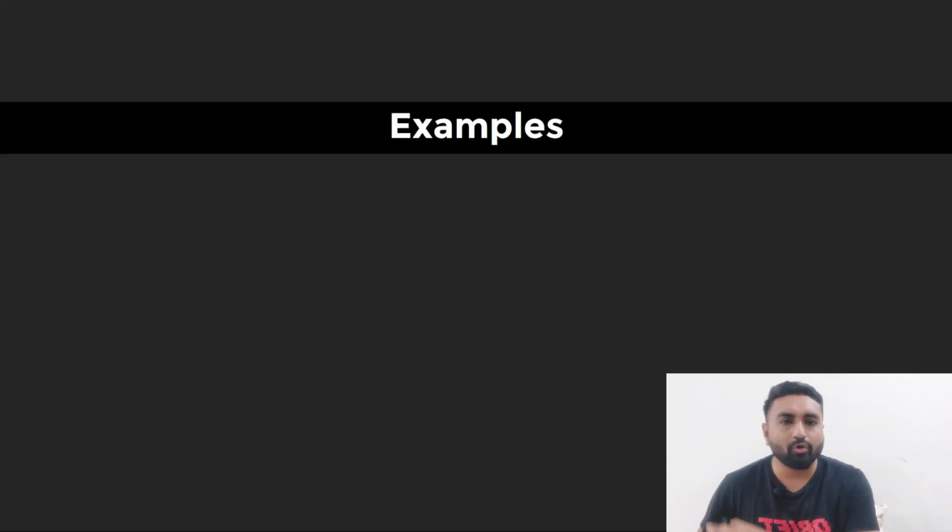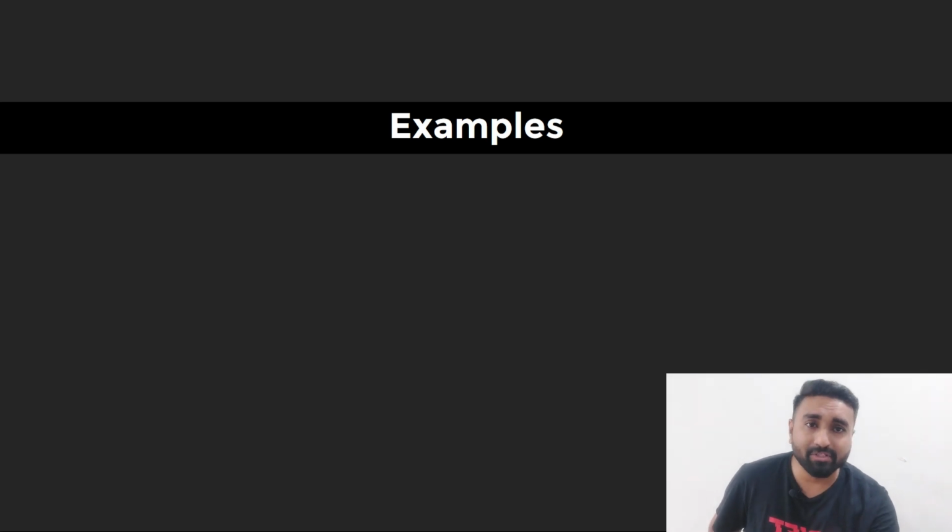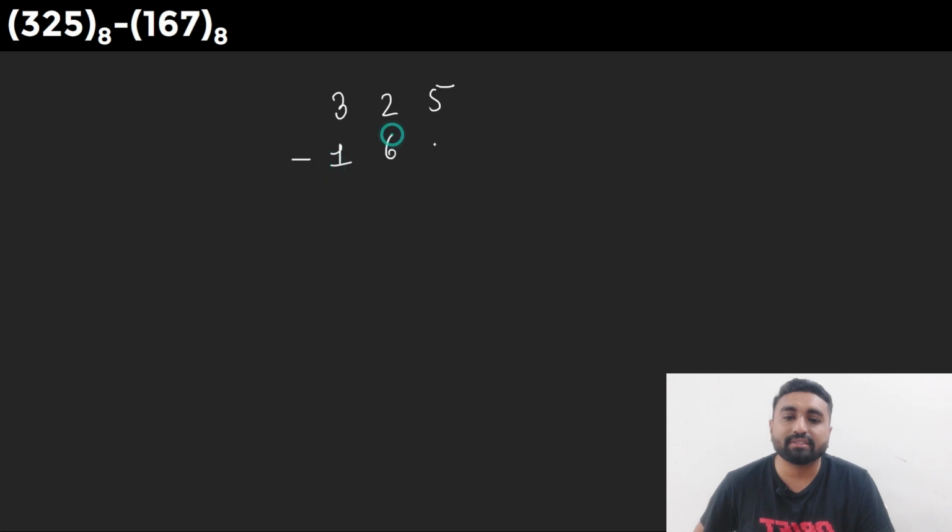Now let's implement all this knowledge in doing the examples, because the more examples we do, the more idea you will get how to do the octal subtraction. So the first number that we are having is 325, out of which we need to subtract 167. So here if you check out, 5 minus 7 cannot happen.